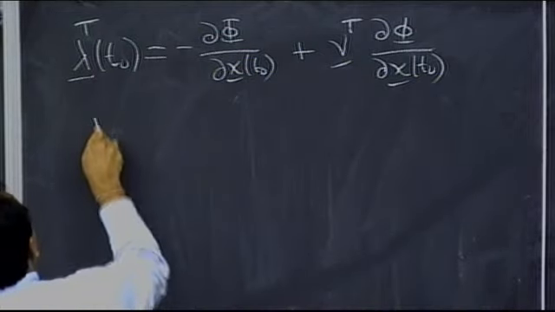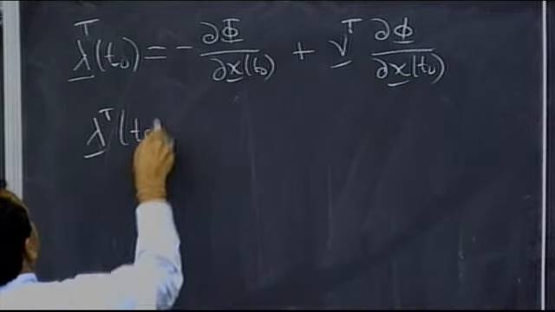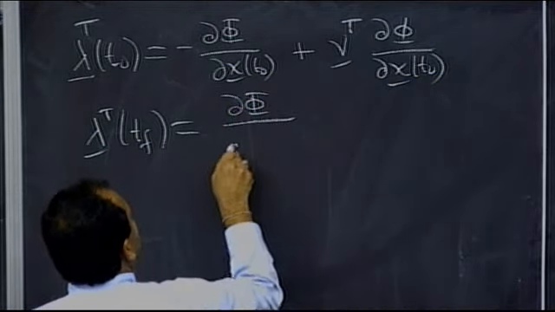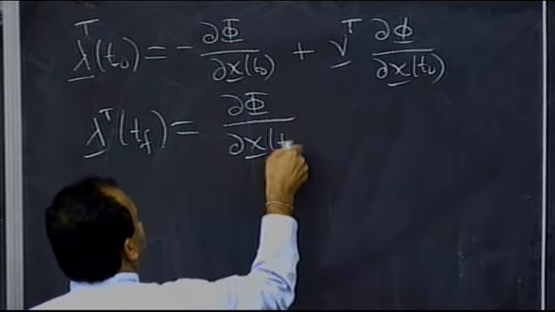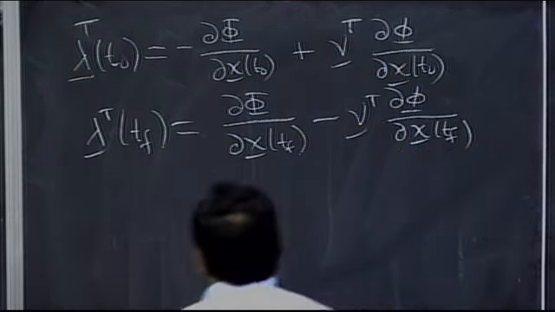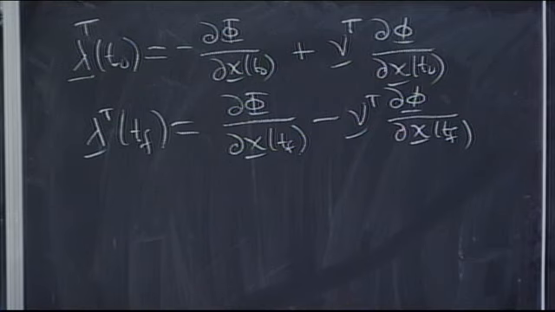And I've got lambda transpose at tf is equal to the partial of phi with respect to x at tf, and then minus nu transpose times the partial of little phi with respect to x at tf.